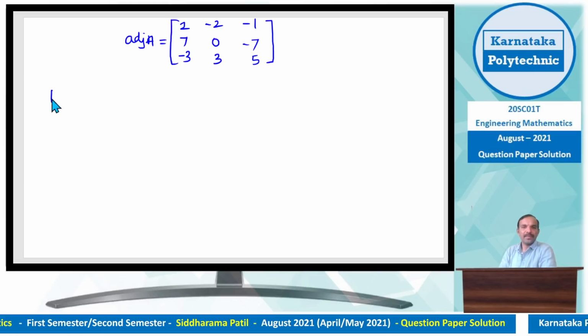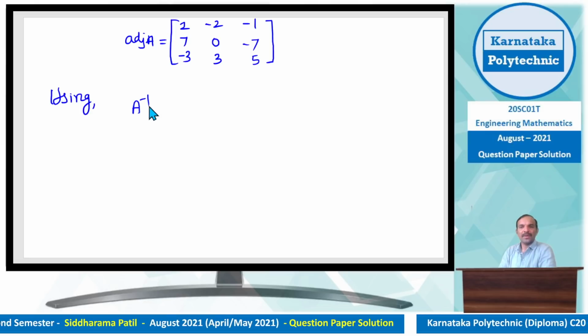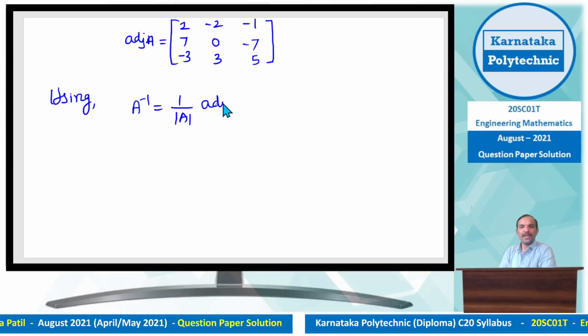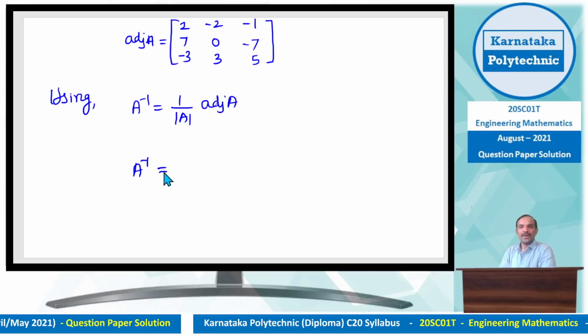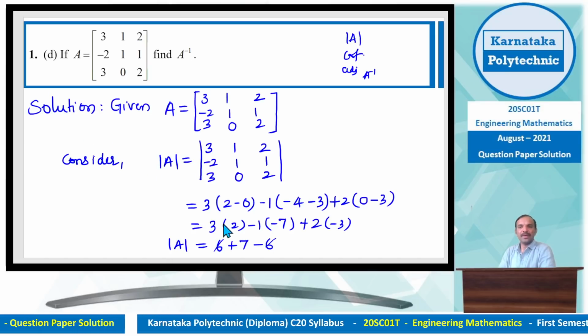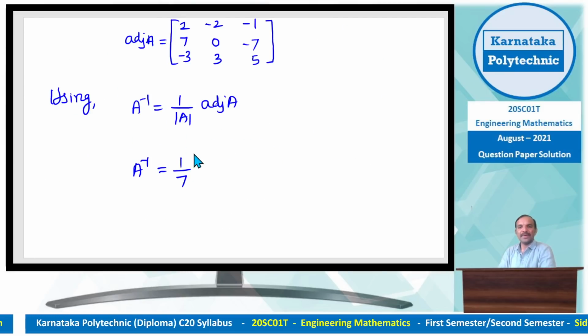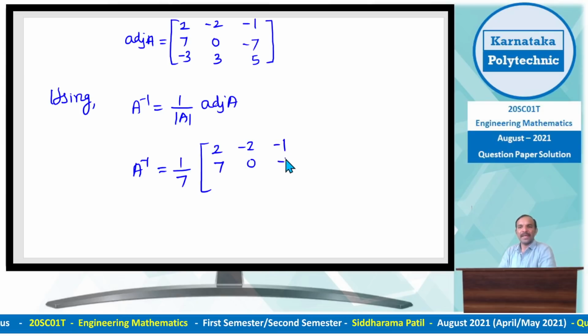You have to find A inverse now using the formula: A inverse equal to 1 by determinant of A into adjoint of A. Determinant of A value is 7, so 1 by 7 into adjoint of A, which is 2, minus 2, minus 1, 7, 0, minus 7, minus 3, 3, 5.